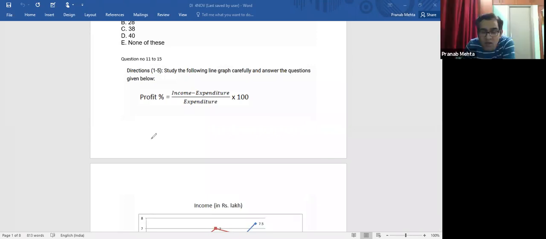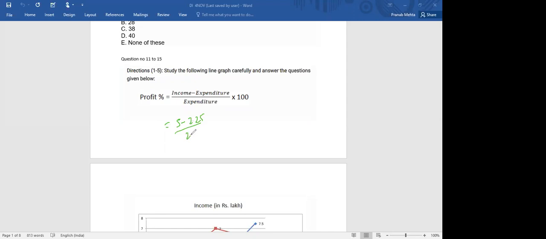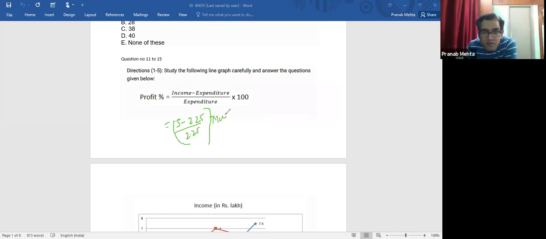Profit percent is nothing but income, which we already know from the diagram is 5, minus the expenditure they have given us, 2.25, divided by expenditure 2.25, into 100. If you do this, you get 122%. All of you have understood? Since they're directly talking about profit percent, we can directly use this formula.